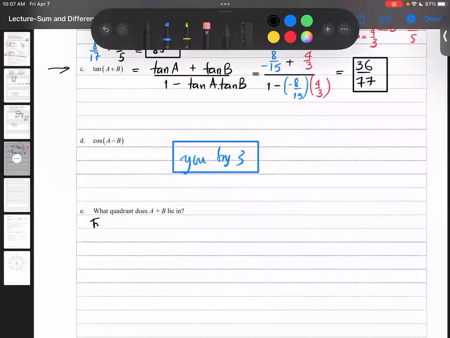From part C, we have tangent, let's leave a little space, tangent of A plus B equals 36 over 77.